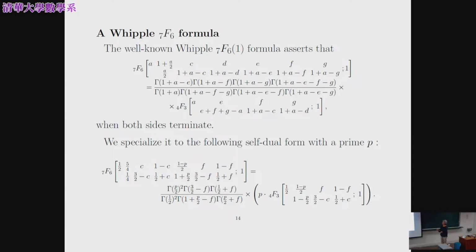So this particular 7F6 degenerates to 4F3, but with a bunch of gamma factors in front. But this identity holds when both sides terminate. That means that one of A, E, F, G should be a negative integer, or non-positive integer.